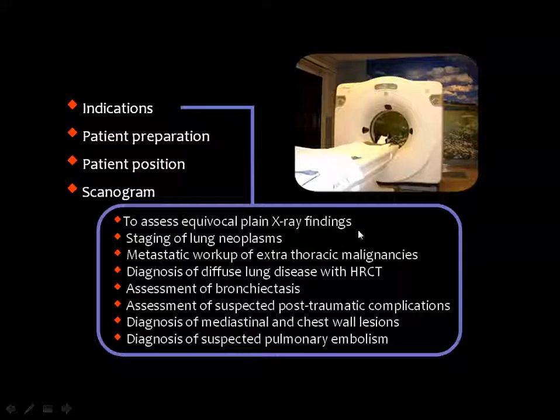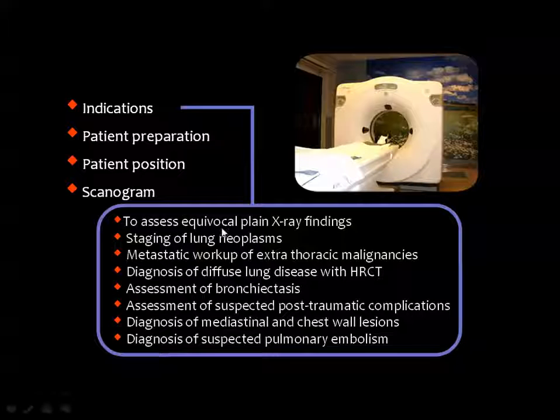And one of the most important indications is to assess an equivocal plain X-ray finding. You remember from the previous lecture, if you have a chest X-ray problem, then you have to answer some questions, and if you fail to answer these questions, then you should go to the CT scan for further evaluation and verification. And this is one of the indications for CT examination of the chest.